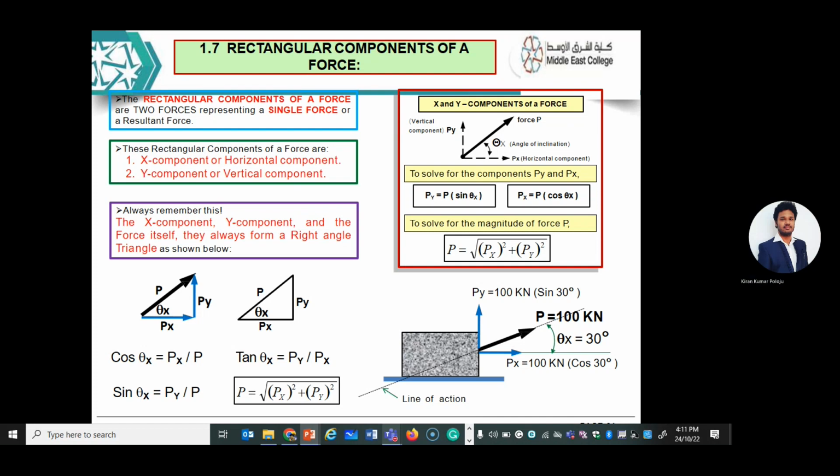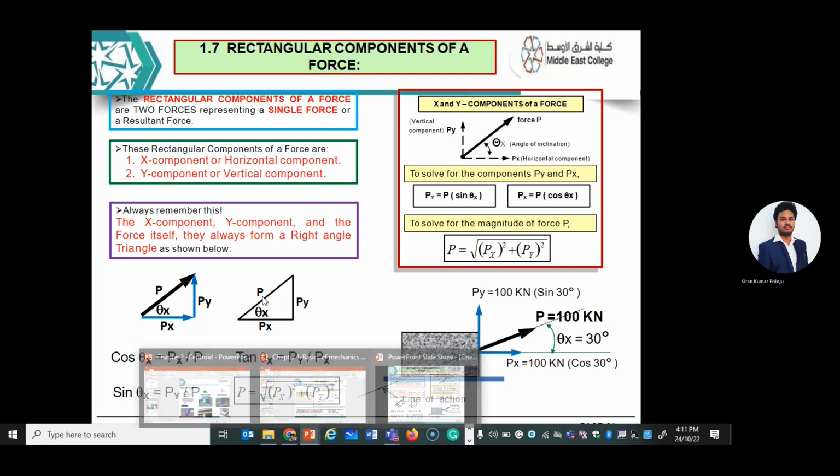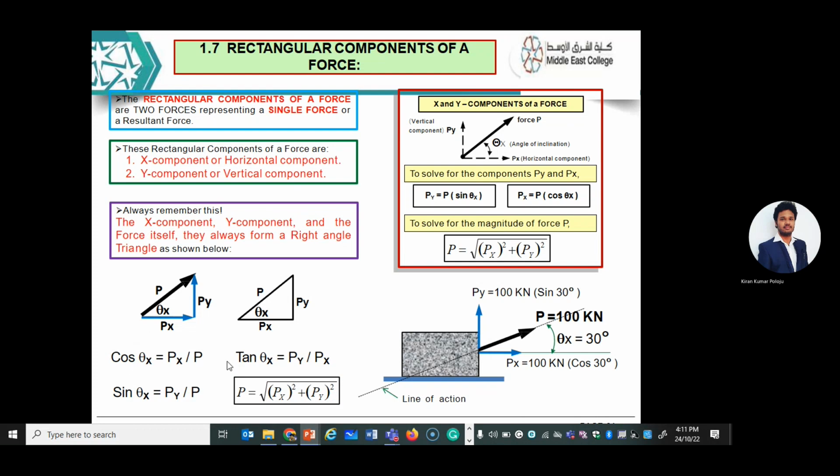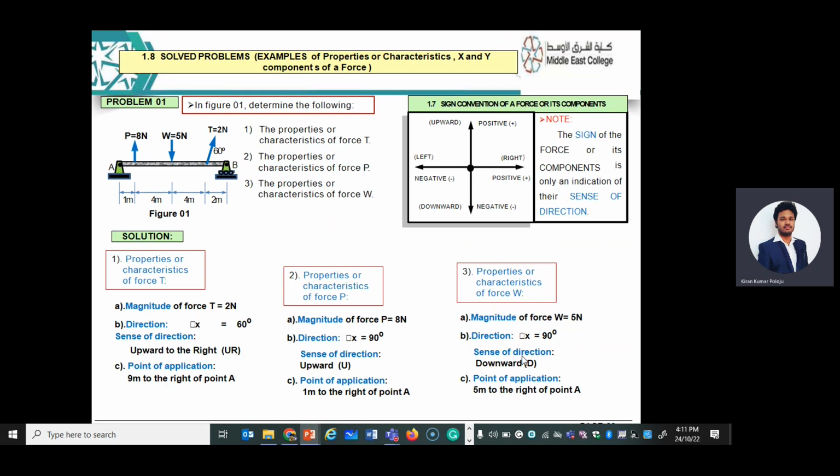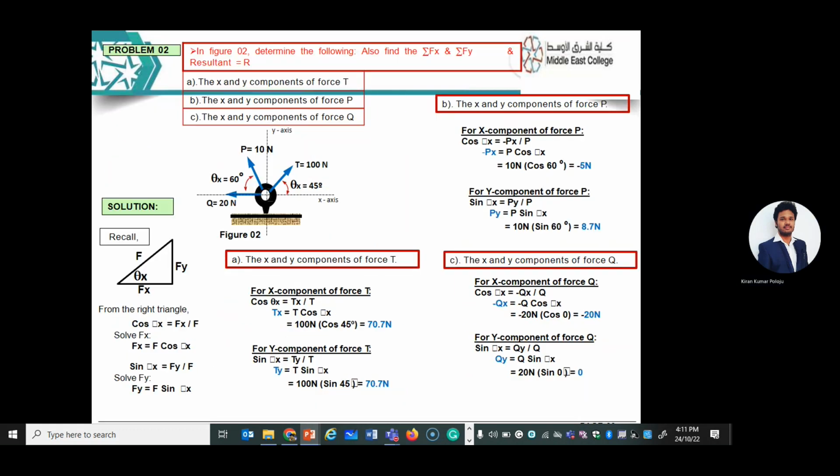Now, you may be asked to determine the resultant of force. You know the force. You have to calculate the resultant of that force. To calculate the resultant of force, you should know the horizontal and vertical forces. We are having a few formulas. Fine.